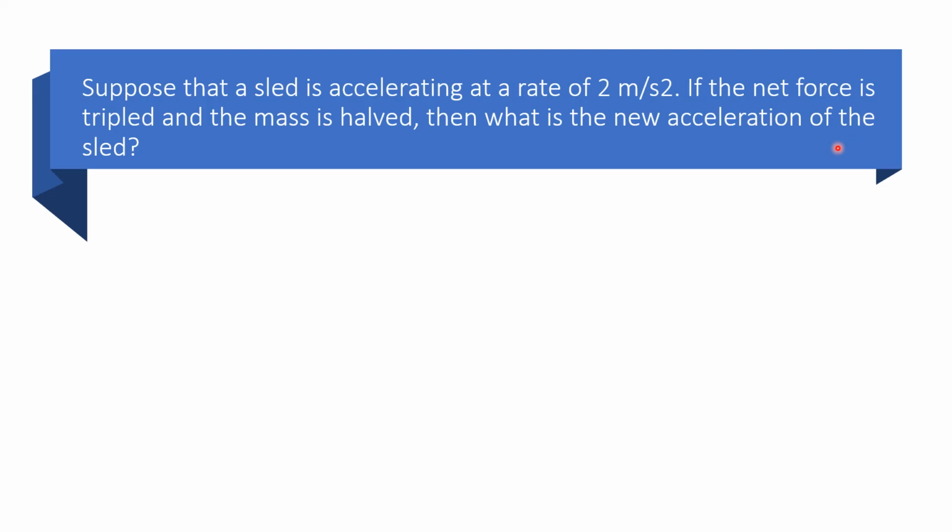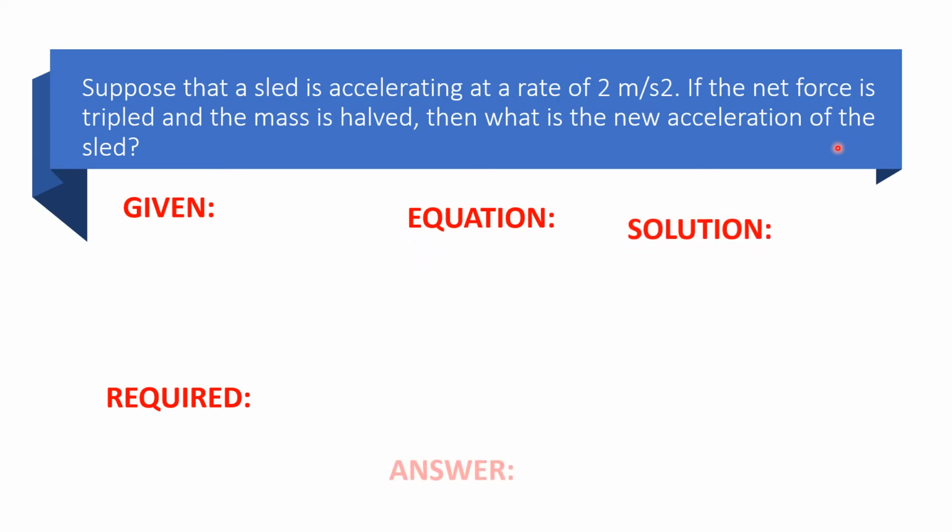Okay. Let's say you have your answer with you after pausing the video and answering this problem. Now let us check if you are correct. Let us begin. So that we need to find the given, required, equation, and the solution, and then the answer. For our given on the problem, we have 2 meter per second squared, that is the acceleration, and the force is tripled, and the mass is half.